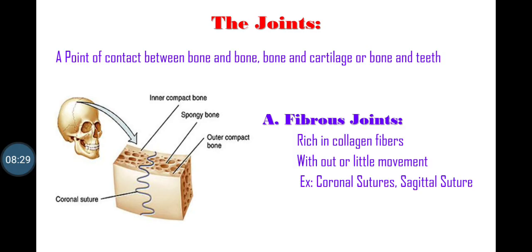First type, fibrous joints. Fibrous connective tissue is rich in collagen fibers that hold bones together with no or little movement. Fibrous joints have no synovial cavity. For example, frontal suture, sagittal suture, etc.